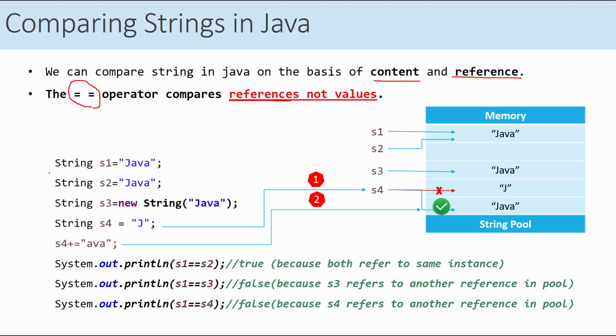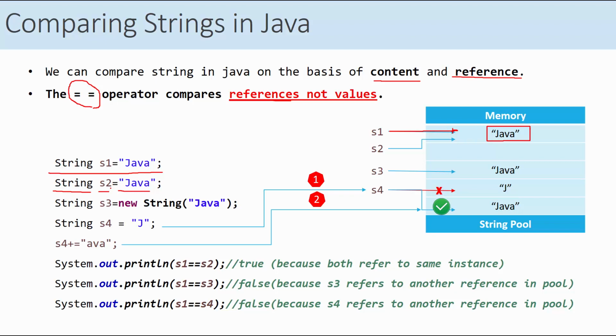Here in this code, when you use string s1 Java, in memory, the Java runtime will create one string, and the variable s1 will refer to it. For the second string, string s2 Java, since both strings are identical, the Java runtime will not create a new string.